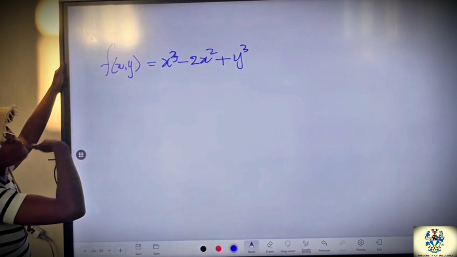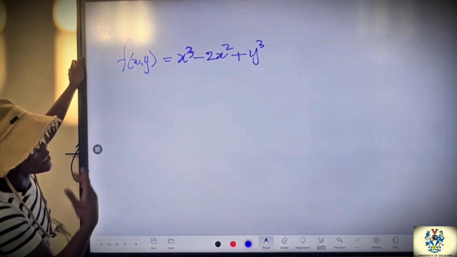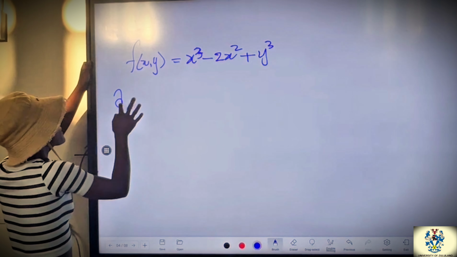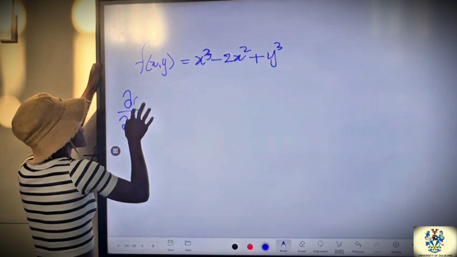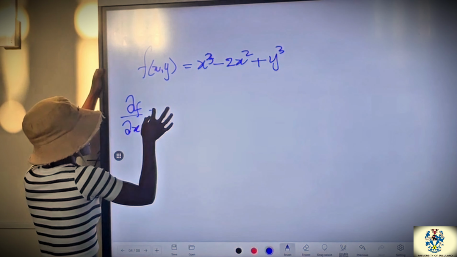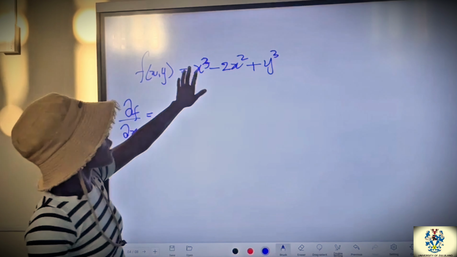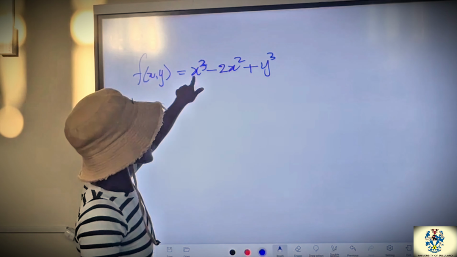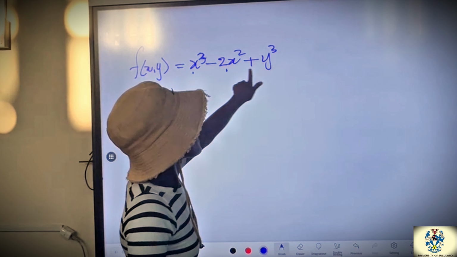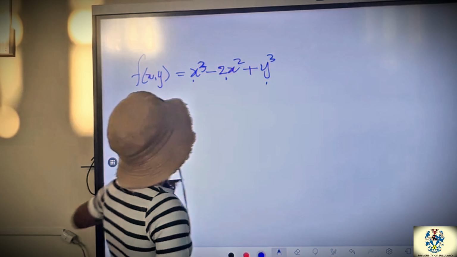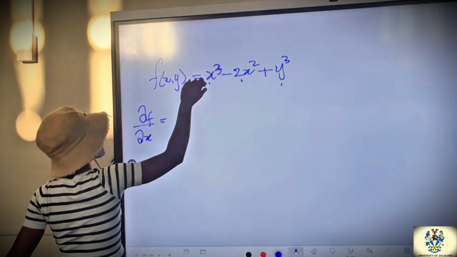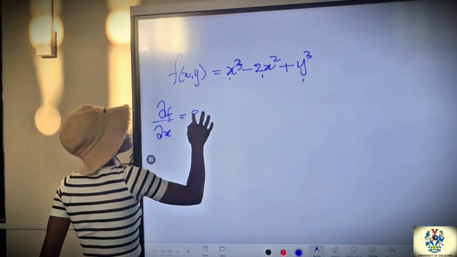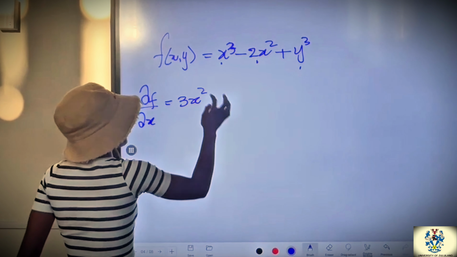Our next step is to find the partial derivatives in terms of x and in terms of y. Firstly, let's find the partial derivative in terms of x. We have x in our first term, x in our second term, and there's no x in the third. The derivative of x cubed is 3x squared.